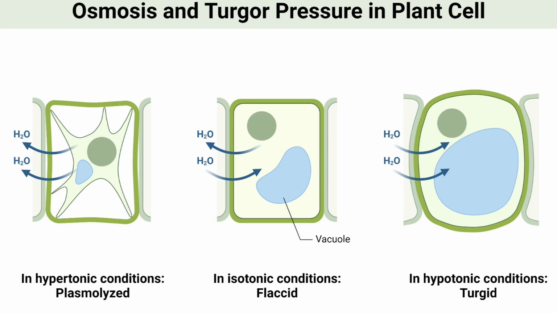Turgor of plant cells is the internal pressure resulting from osmosis. When turgor is good, cell walls become elastic and ensure the firmness of the entire plant. The loss of turgor by cells due to evaporation, when the plant loses more water than it can absorb through its roots, leads to wilting.